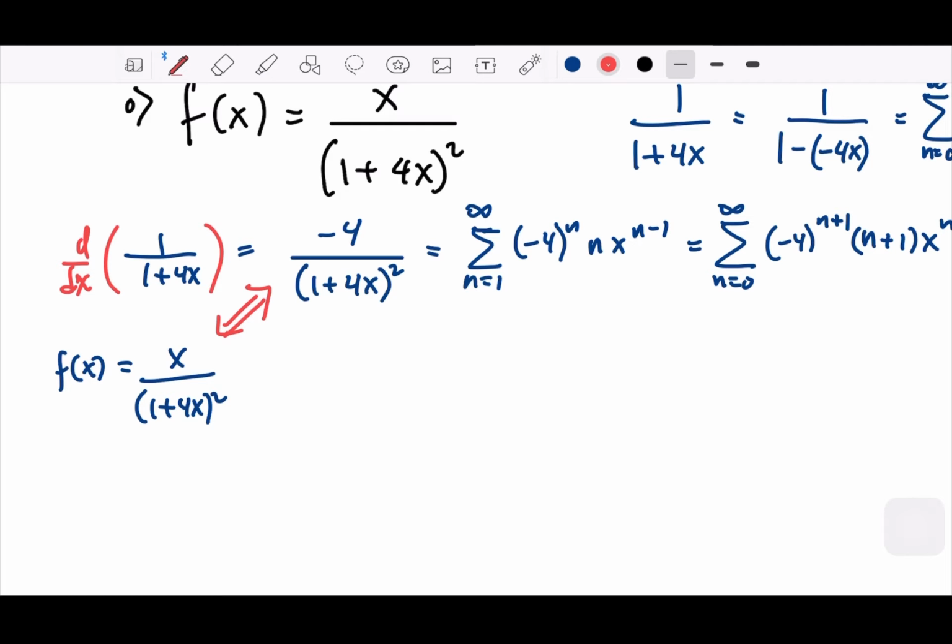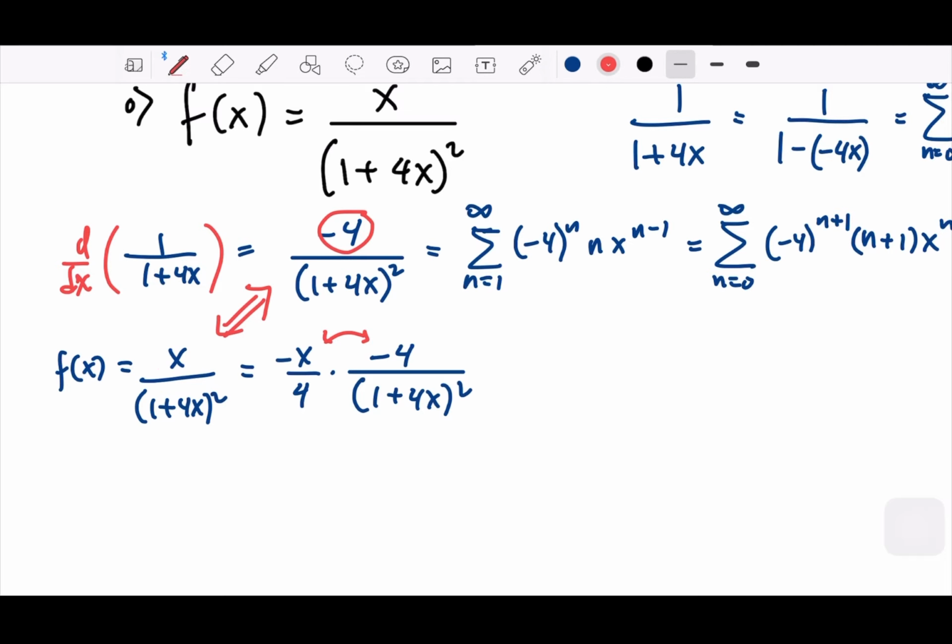So we need to make this -4 into x. How we are going to do that is we are going to multiply with -x over 4. So when we multiply these two, we will get x.